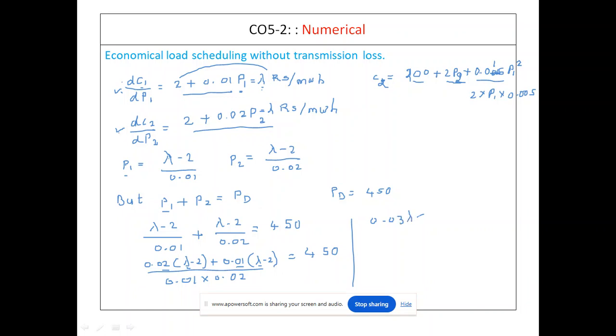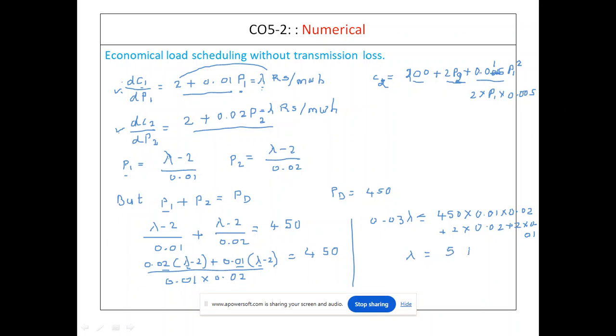And it is equal to 450 into 0.01 into 0.02, plus 2 into 0.02 plus 2 into 0.01. And from this equation, when you calculate lambda, the lambda will come out to be 5.